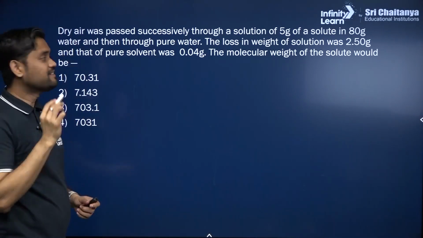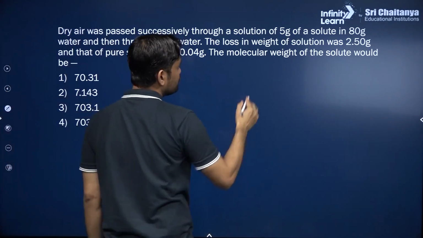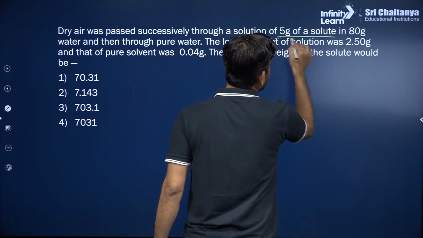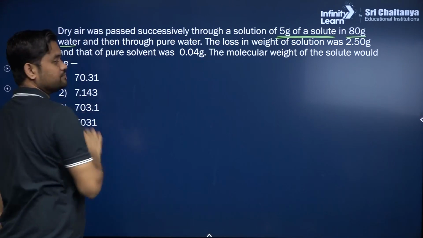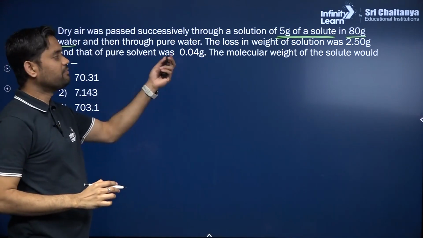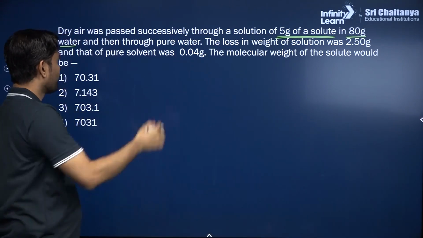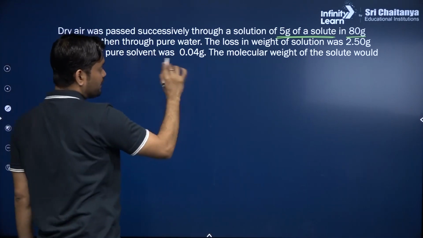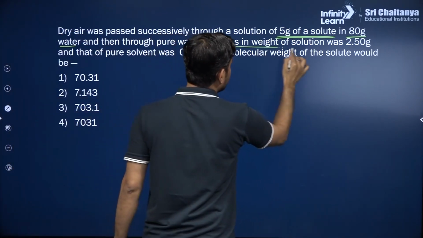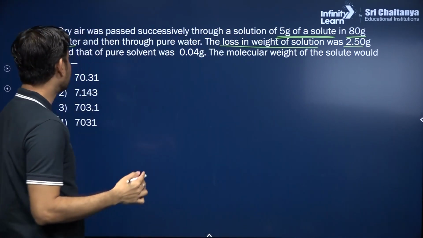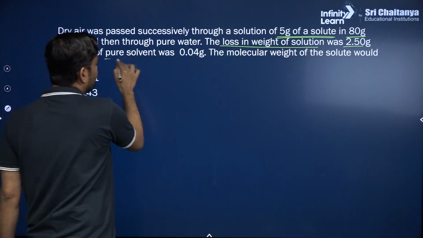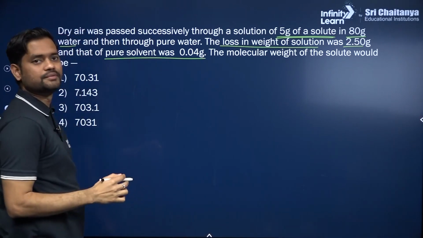dry air was passed successively through a solution of 5 gram of solute in 80 gram of water. Dry air is passed through this solution, okay, then through pure water. The loss in weight of solution was 2.50 gram, and that of pure solvent is 0.04 gram.